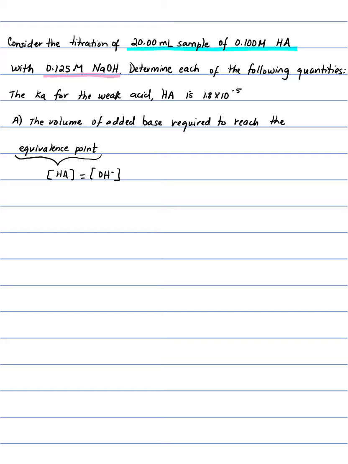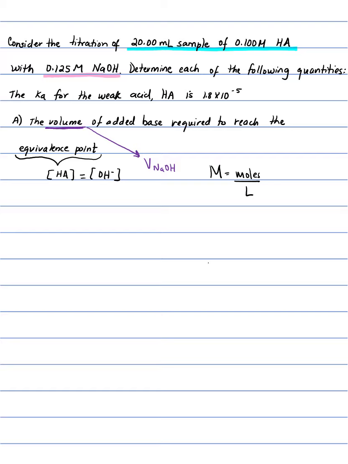Now to calculate a volume, and you need a volume for NaOH, that's what we want. If you have your equation for molarity, molar concentration is the moles of your solute over liters, a volume.